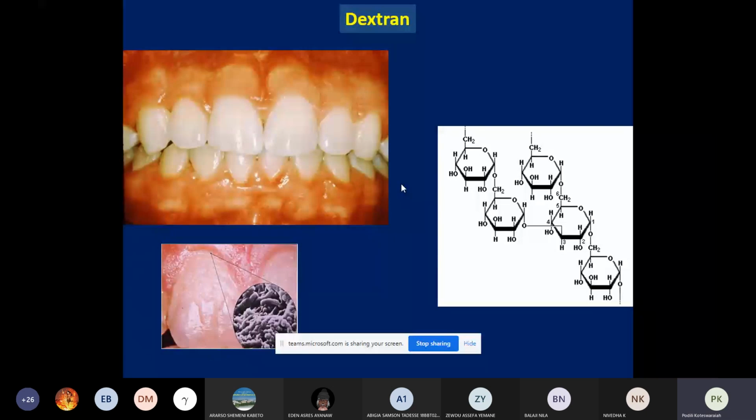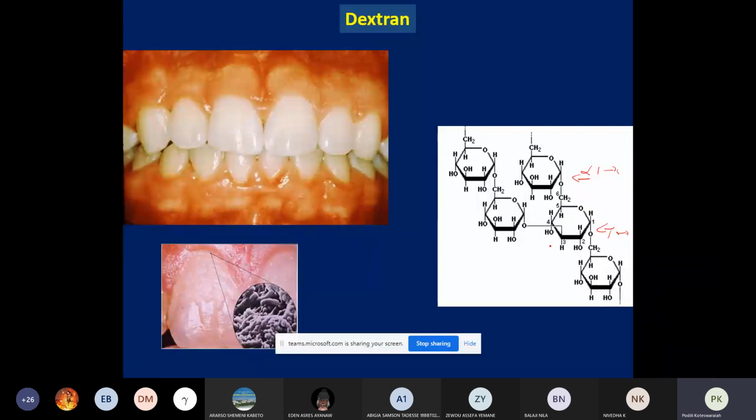Now coming to dextran. You can see here that it is also a polymer of glucose, with alpha 1,6 glycosidic bonds. So it is a polymer of glucose with alpha 1,6 linkages.